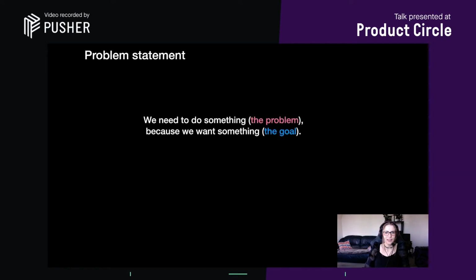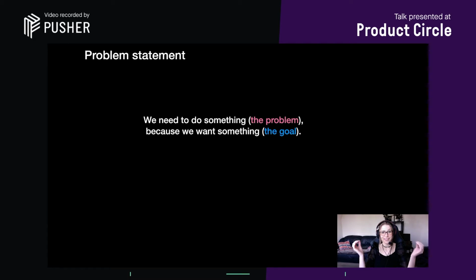And you can't solve something if you don't know what it is. So at the very beginning, we need to start with something called a problem statement. Think of it as a timeline. We are here at the very beginning. We have the problem, and at the other end, we have the goal.